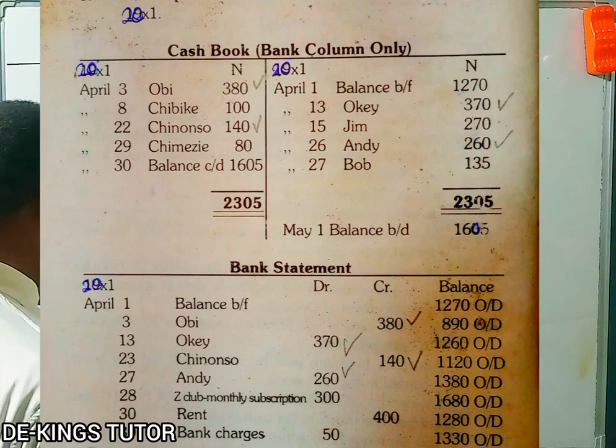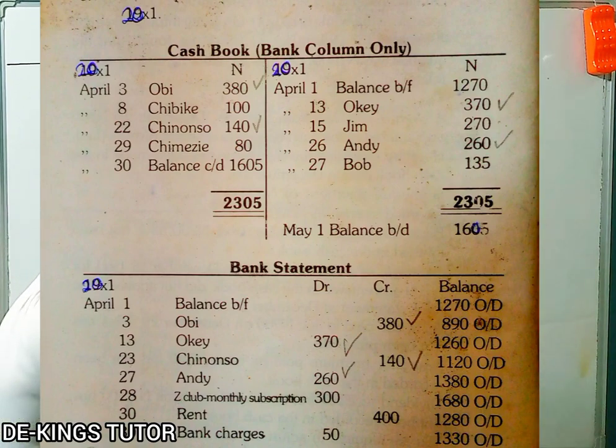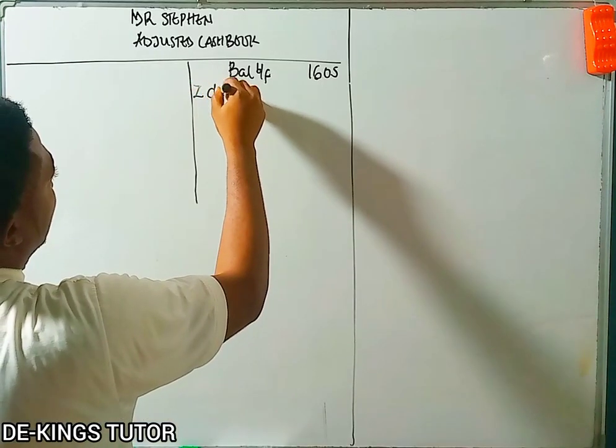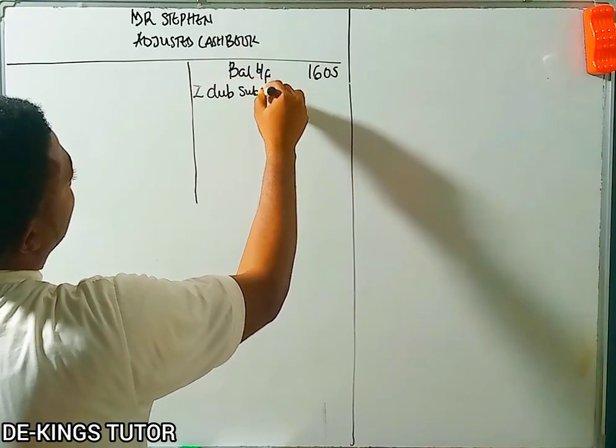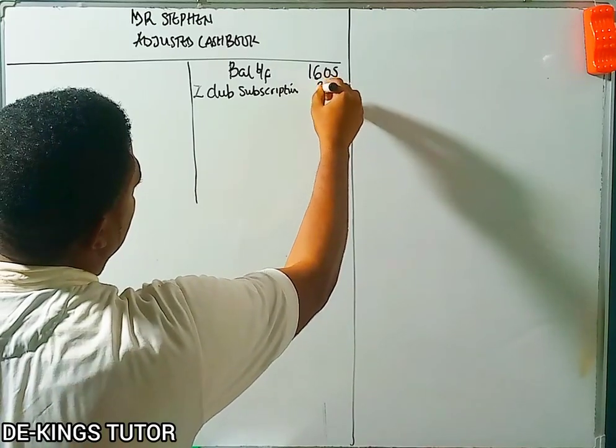Now let's check the bank statement for items at the debit side that are not on the credit side of the cash book. Those items are the Z Club monthly subscription. So we're going to put Z Club subscription, which is 300.